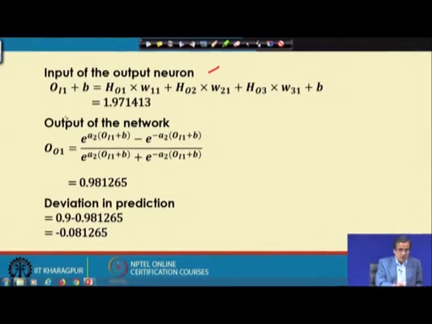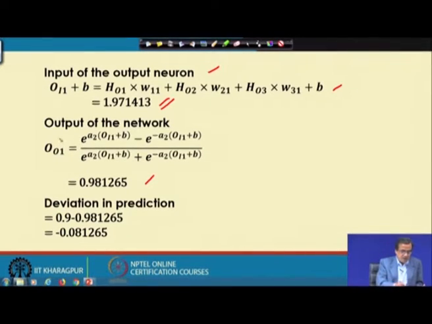So, the input of the output neuron, that is OI1 plus B, is nothing but HO1 multiplied by W11 plus HO2 multiplied by W21 plus HO3 multiplied by W31 plus B, and if you substitute the numerical values, you will get the result. This is actually the input of the output neuron, and this is the final output after using the transfer function, that is the tan sigmoid transfer function.